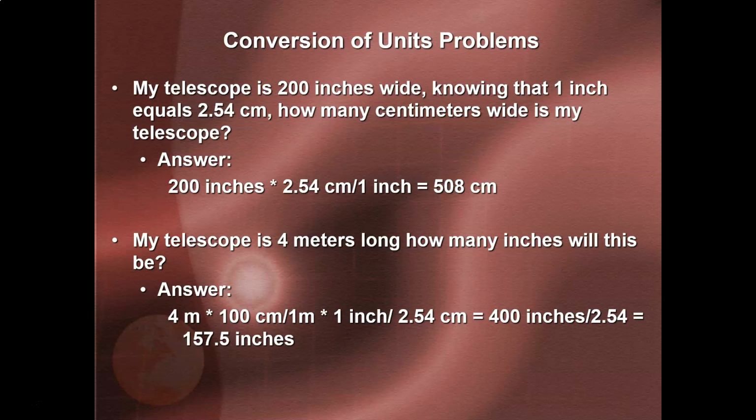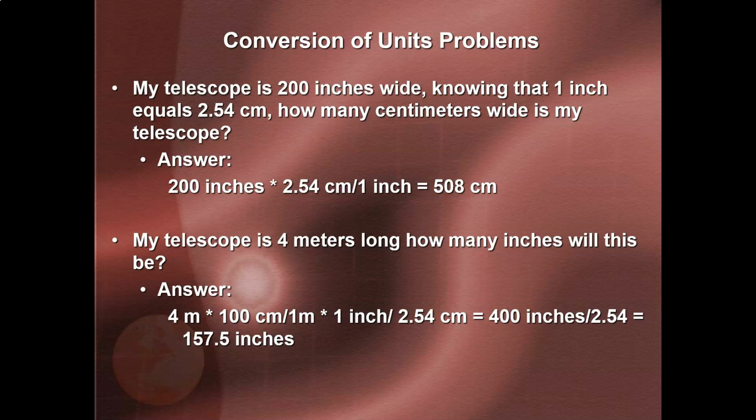Now another conversion. My telescope is 4 meters long. How many inches will this be? Okay, so now we can see that we have to pass meters to inches. Sometimes it is better to do meters to centimeters and then centimeters to inches.